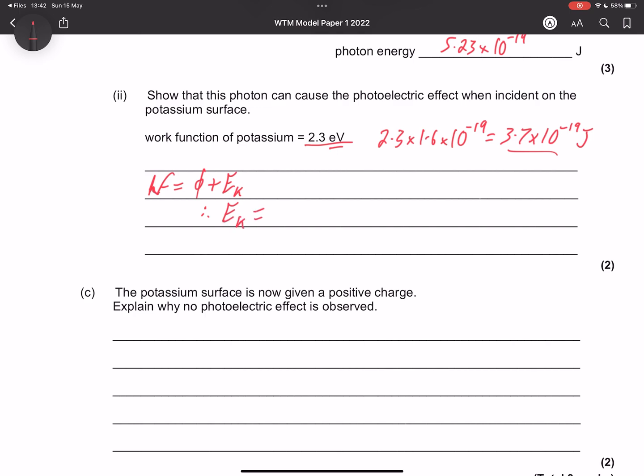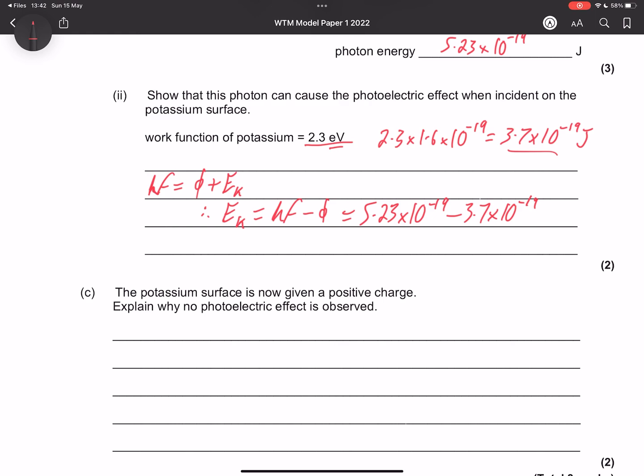And if we rearrange this, to find the kinetic energy, we have hf minus work function. Makes sense. The energy of the photon, take away the amount of energy needed to release an electron, gives you the energy it'll have after. So we get a value of 1.53 times 10 to the minus 19 joules.